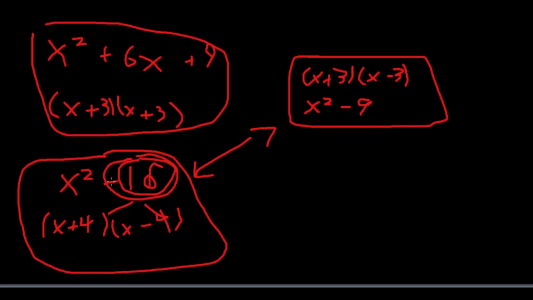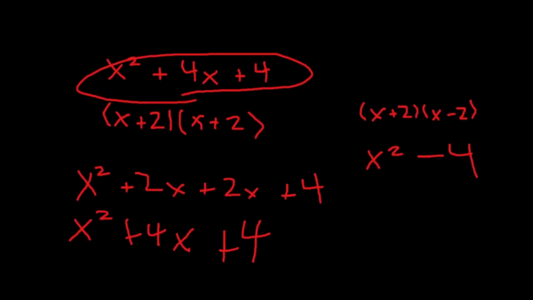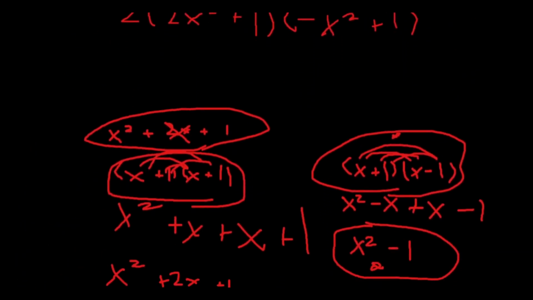And the reason this minus sign is important is, you might think, okay, with that logic, x squared plus 16 must be x plus 4, x plus 4. But remember, let me see if I can find it. I think it's here.